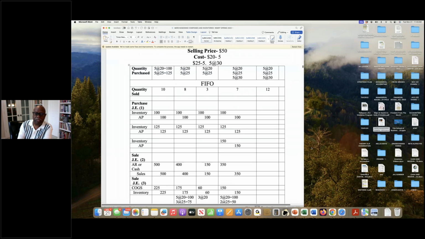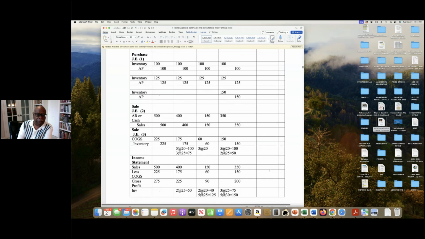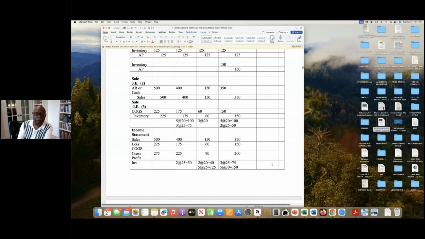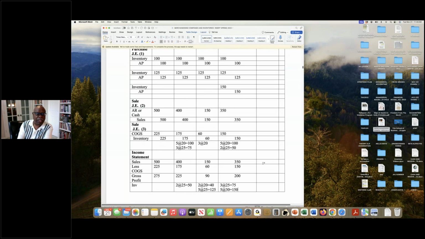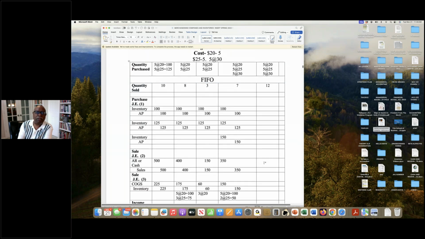Are there any questions? Just go step by step. Buy the inventory, sell it, get your cost of goods sold, prepare the income statement format at the top, and then tell me how much is left. But once again, you've got to look at the facts and work it out.